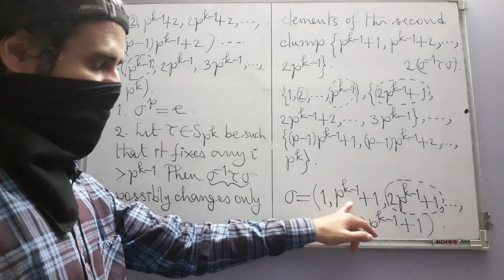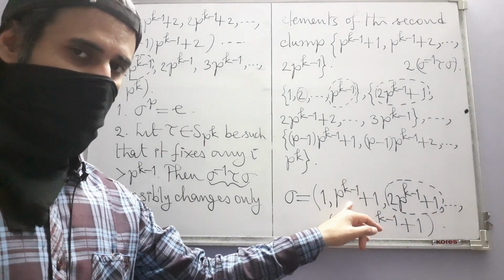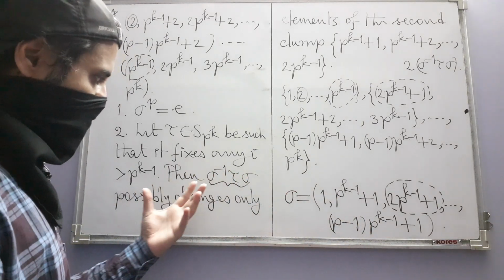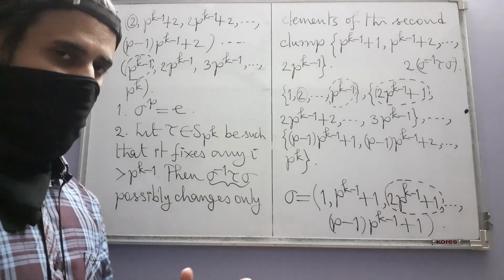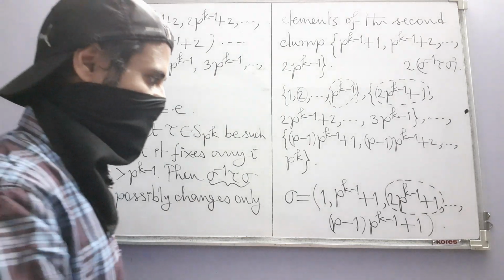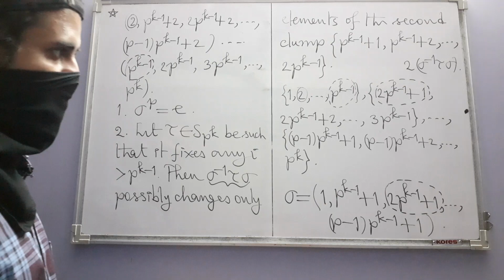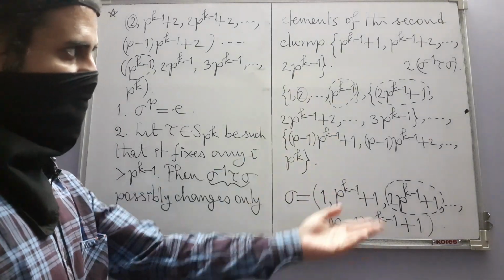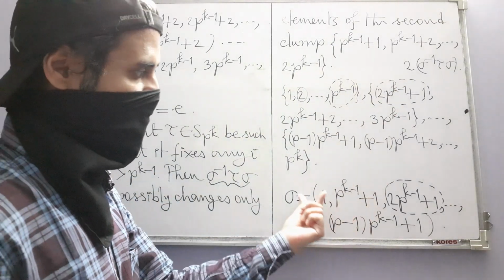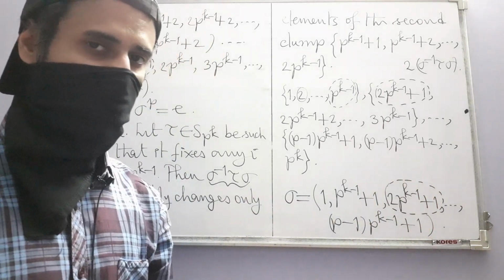We have come as close as we can to the region of influence of tau, but we are not entering that region. We are safe. So this also remains unchanged by tau, and when on that you apply sigma, it gets mapped back to this.